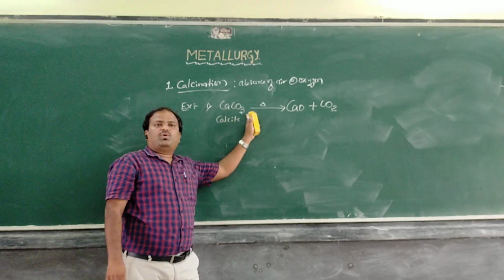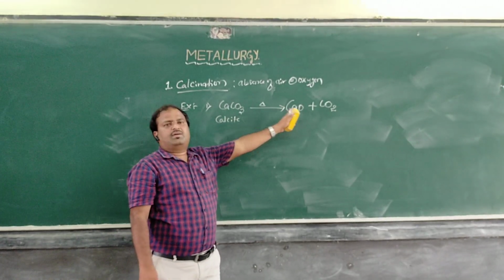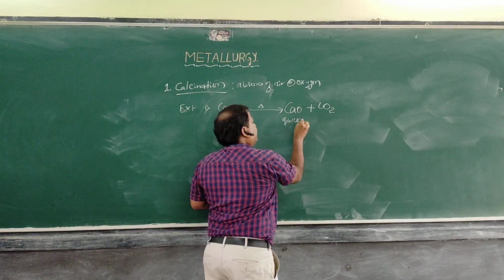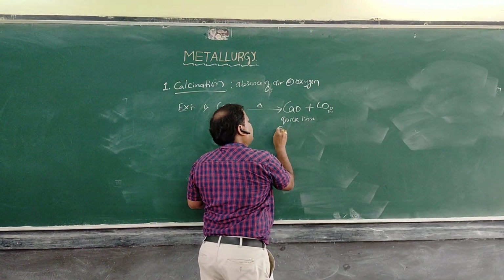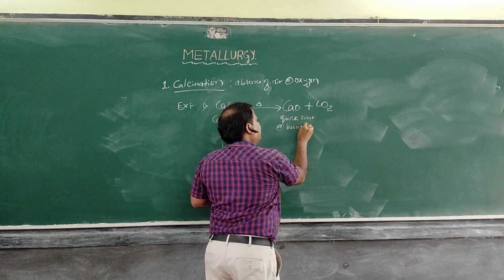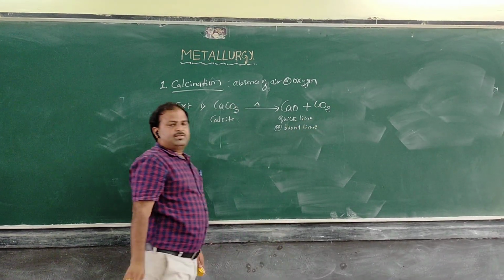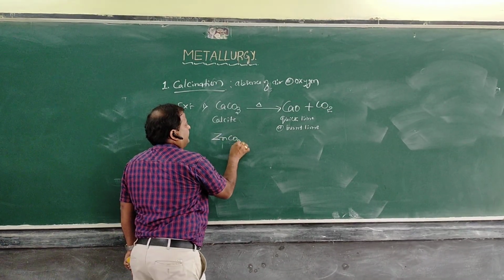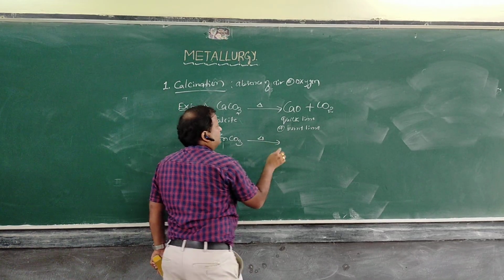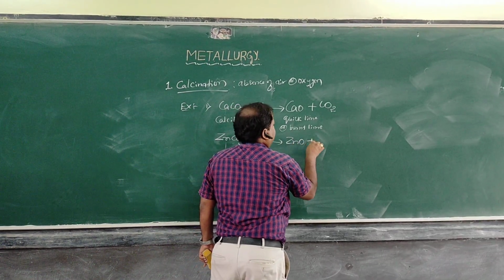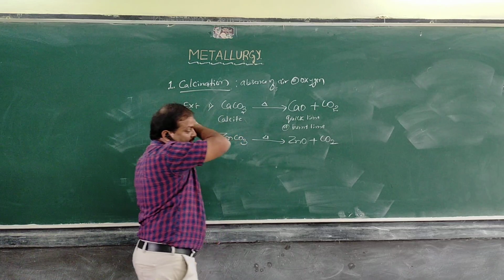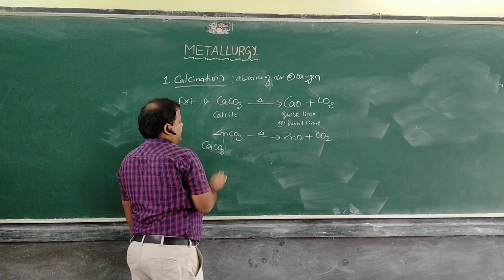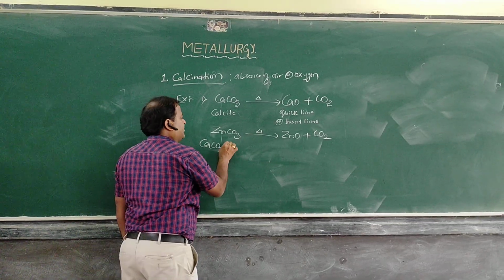So generally carbonate ore is decomposed to give oxide ore. This is quicklime or burnt lime. This is one example. Or we take zinc carbonate, a very similar example. We get zinc oxide and carbon dioxide. Then dolomite, which is calcium carbonate and magnesium carbonate.